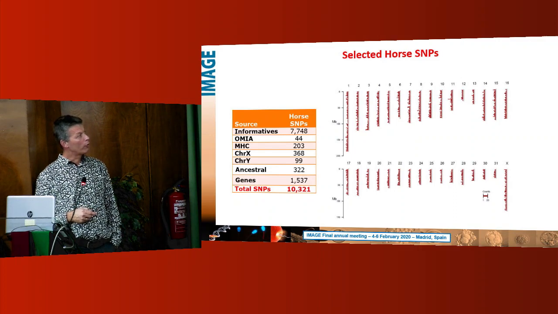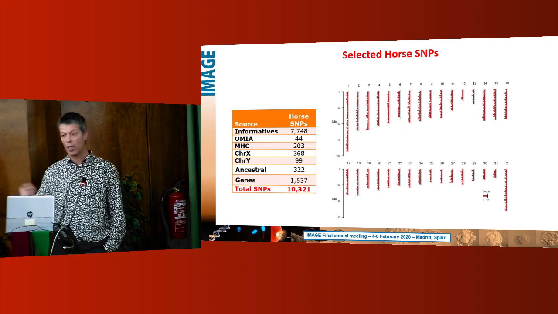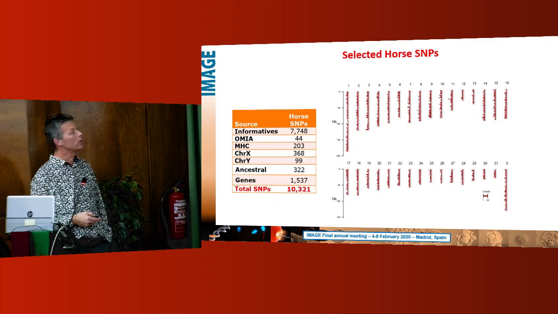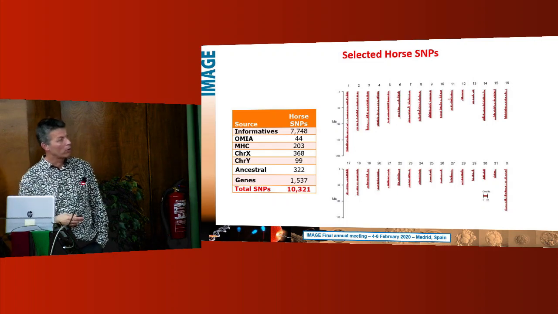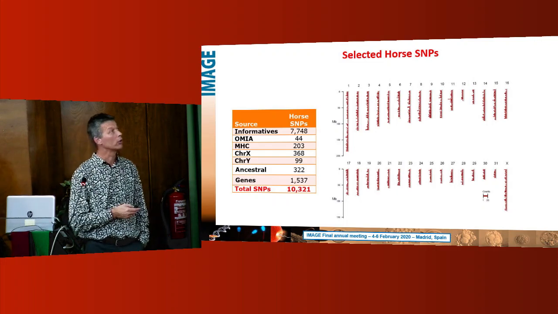We have OMIA SNPs, 44, the MHC 200, chromosome X close to 400, chromosome Y 99, the ancestral SNPs 322, and then we have SNPs in genes which are connected to QTL regions. A total of 10,321 SNPs which we have selected in horse.